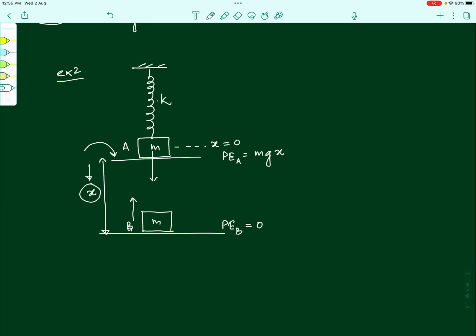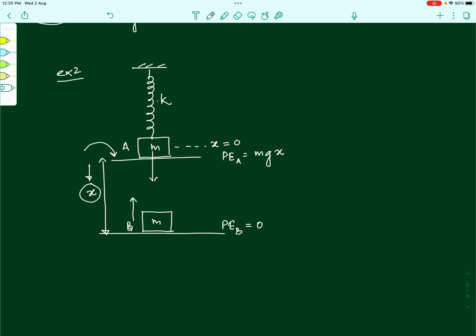Now, do we all understand that as the block moves from the position A to B, the spring also opens up, spring also does work, corresponding to which there will be a change in the spring potential energy as well. So, there are two forces acting on the block as it moves from A to B, the gravitational force and the spring force, both of which have their potential energies defined, right?